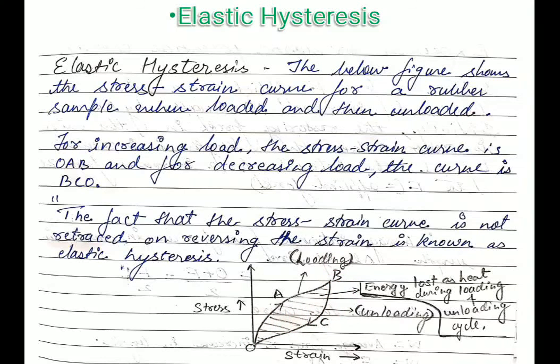So students, the area under the curve OAB represents the work done per unit volume in stretching the rubber. And the area under the BCO represents the energy given up by the rubber on unloading. So the area of this shaded portion of this hysteresis loop represents the energy lost during the loading and unloading cycle.